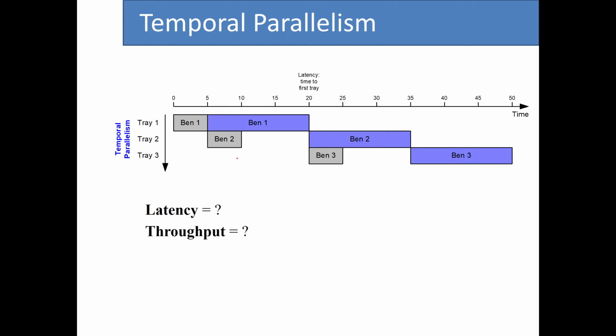Let's see by how much. Again, what is the latency for baking cookies? It's still the same, because for each batch of cookies we have 5 minutes to roll and 15 minutes to bake. Remember, latency is the time per token, or for our example, for each tray. So this time hasn't changed.